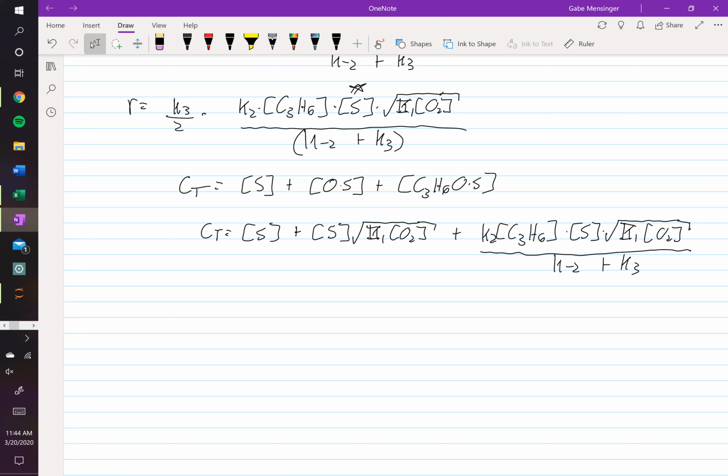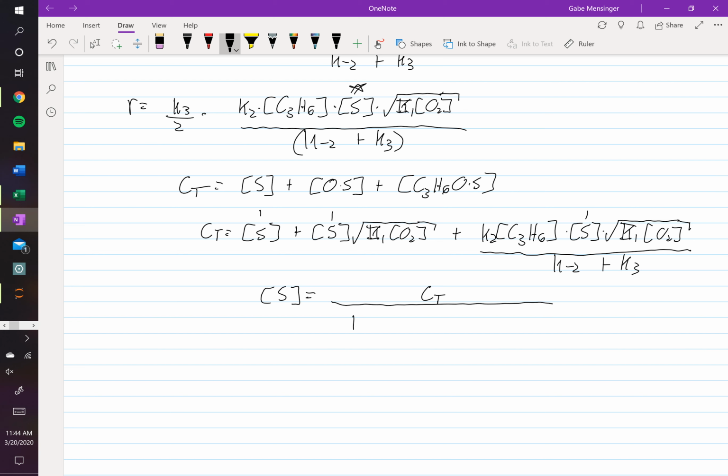All right, and we see we have a concentration of S in each term. So now we can go and solve for that in terms of all these other known quantities.